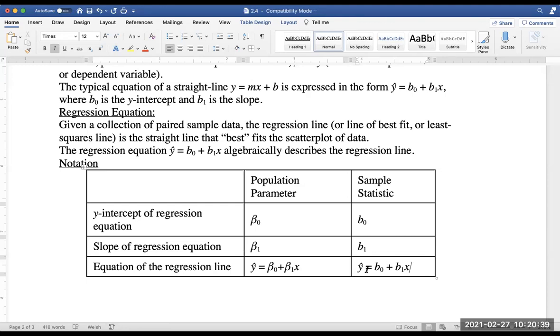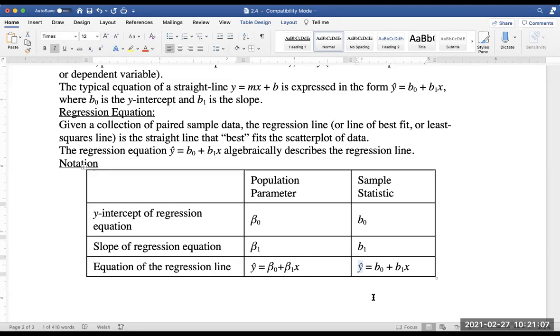And we usually put this little caret, this little hat, above the y variable to denote the fact that this is your regression line, that this is your expected value of what y is, but it's not necessarily your actual value.